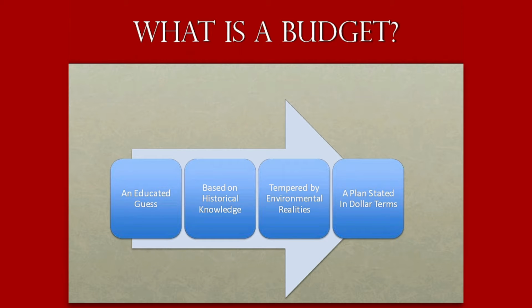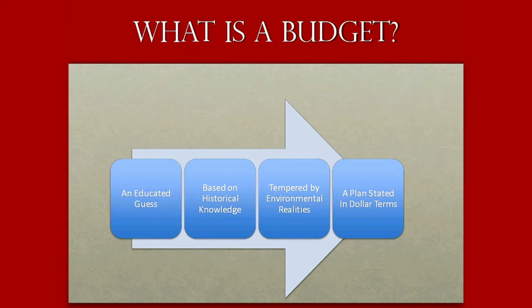So with the idea that budgets hold all these different places within an organization, it's really important for those new to budgeting to understand that even experts begin with an educated guess. You take a guess at what you think it's going to cost, and then you temper that guess with historical knowledge. Did it cost us more or less than that before?